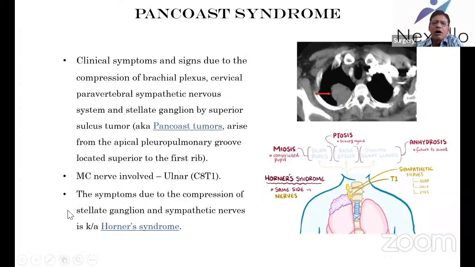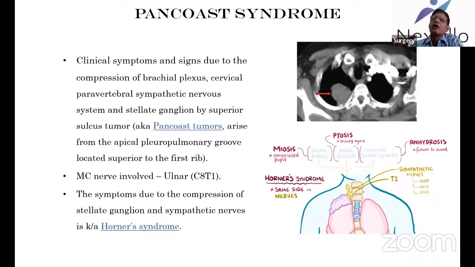So compression of the stellate ganglia and the sympathetic nerves gives rise to Horner syndrome, clinically presenting to us with ipsilateral ptosis, miosis, and anhidrosis. The compression of the brachial plexus due to a tumor in the superior sulcus on the postero-apical aspect of the lung, most commonly an adenocarcinoma, gives rise to Pancoast syndrome.